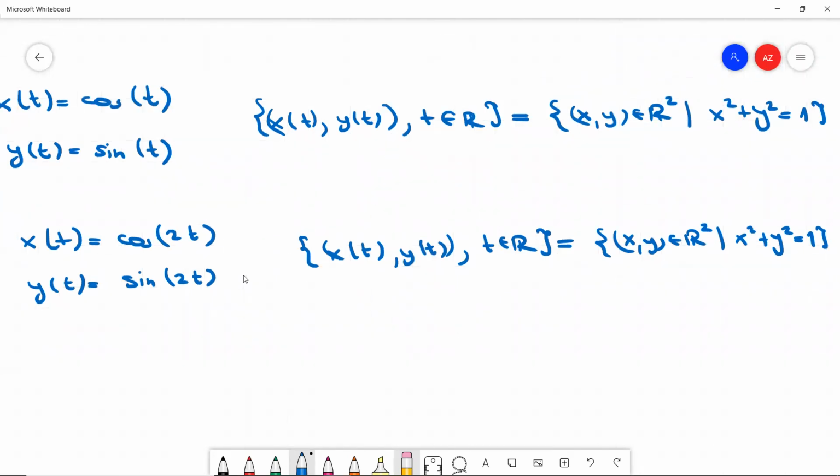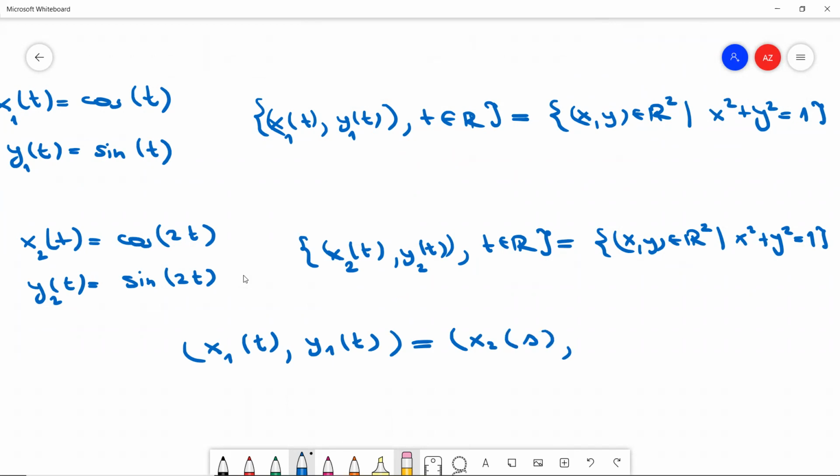So let's say that this is x1, y1, and then x2, y2. So x1(t), y1(t) is equal to x2(s), y2(s) if and only if, for example, one of the solutions will be s is t over 2.